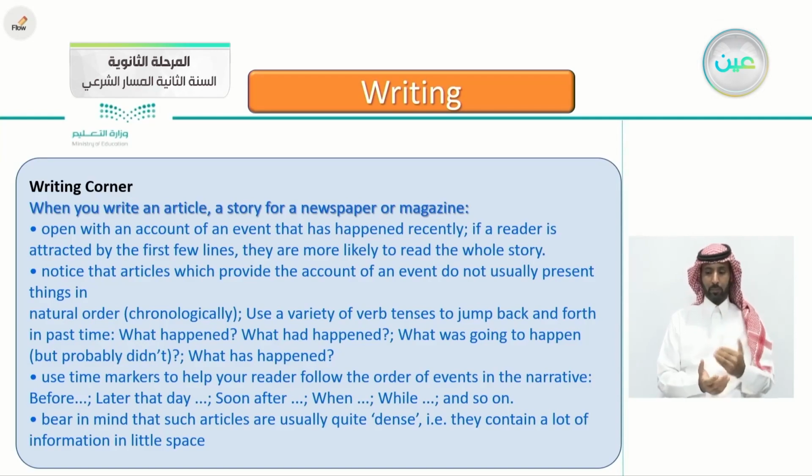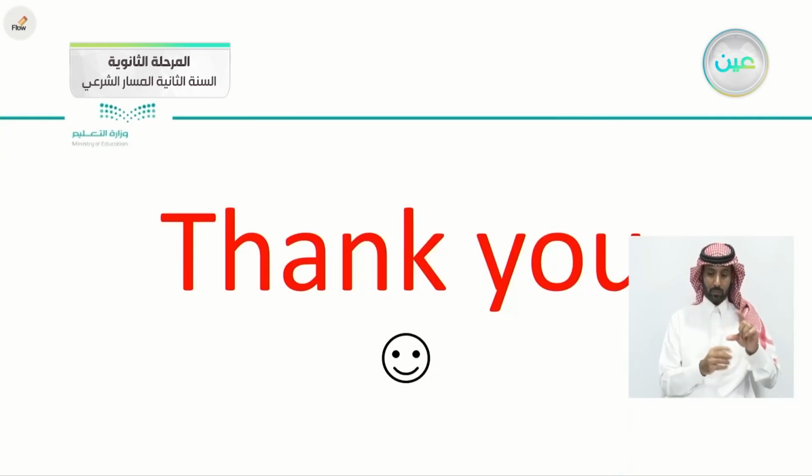The last one, bear in mind that such articles are usually quite dense. For example, they contain a lot of information in little space. They are quite dense because they contain a lot of information in little space.